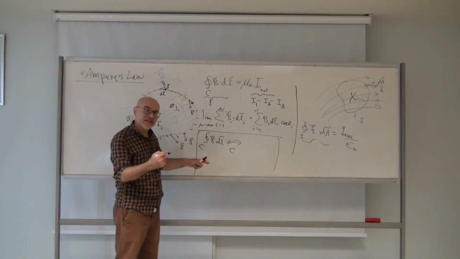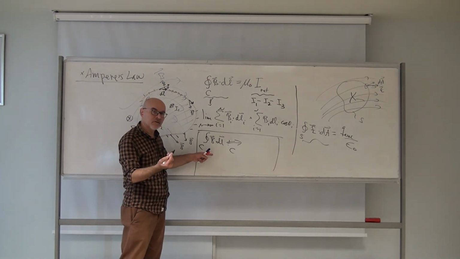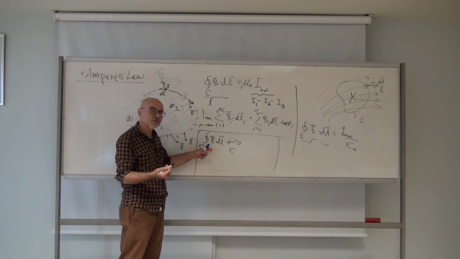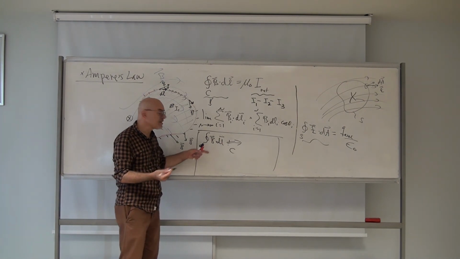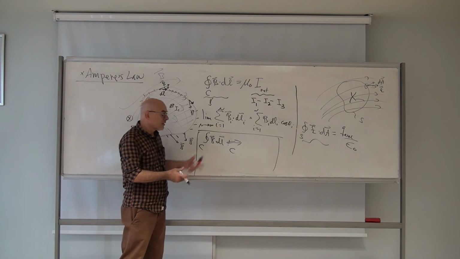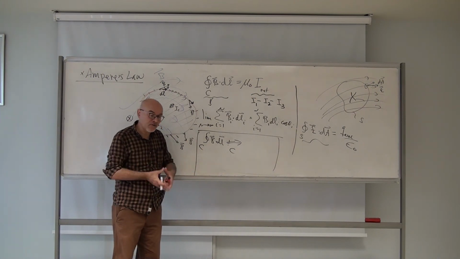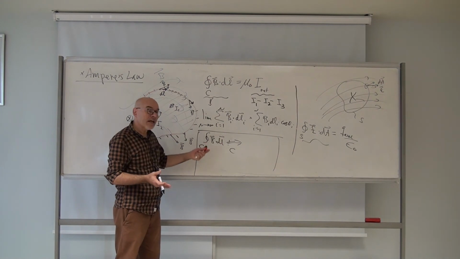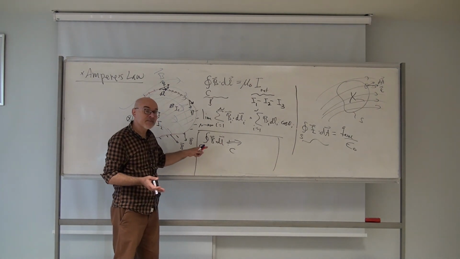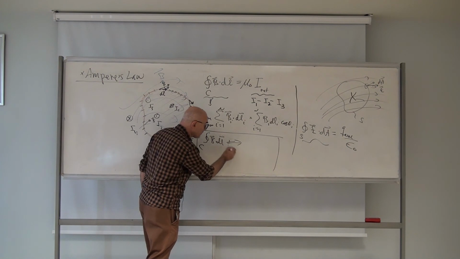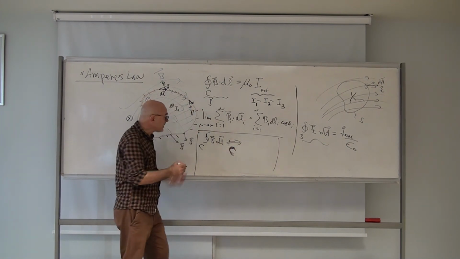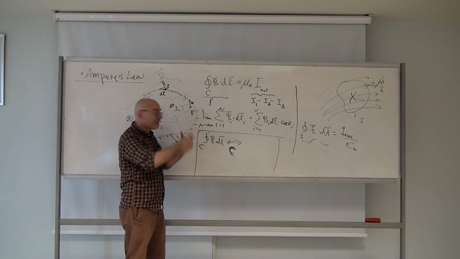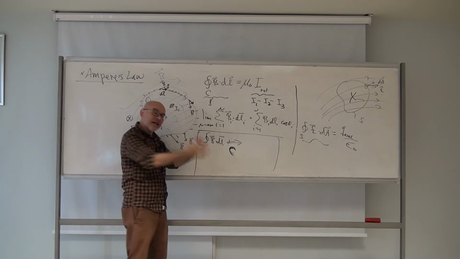So the idea in utilizing this Ampere's law to calculate the magnetic field is that if you know there is a symmetry of the current that is generating that magnetic field, in a way that when you choose a specific contour, at that contour you can take B outside the integral.